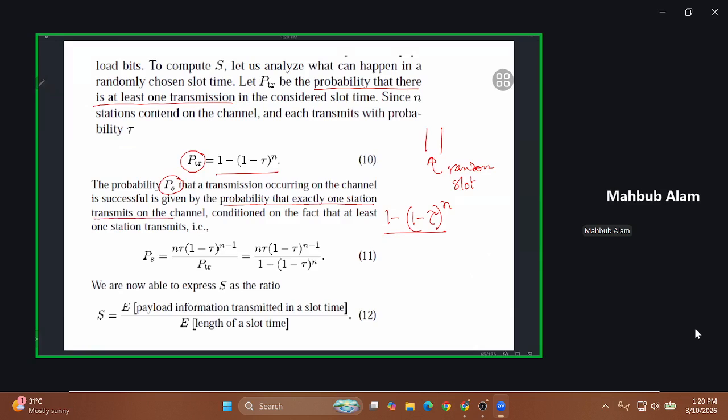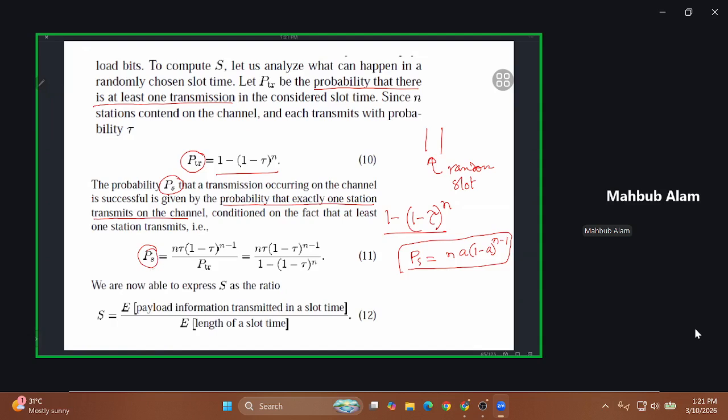So when there is a single station transmitting in the channel, previously we calculated this PS as N A (1 minus A) to the power N minus 1. Right? This is the probability that a single station transmits. But here, the probability of success is calculated using a conditional probability.